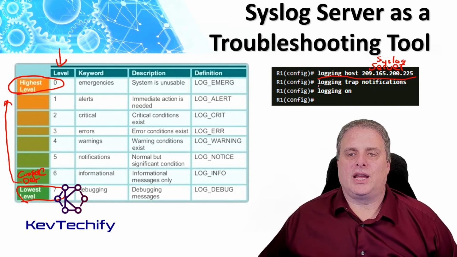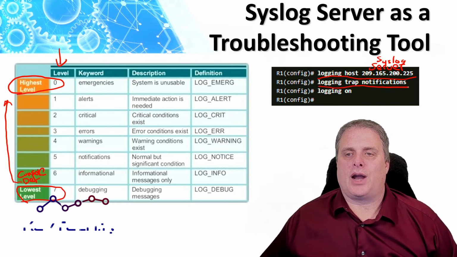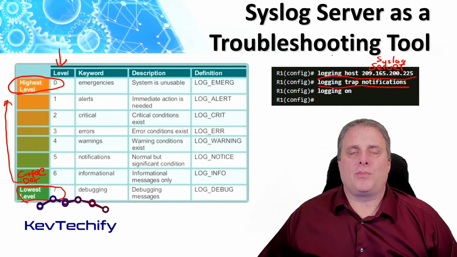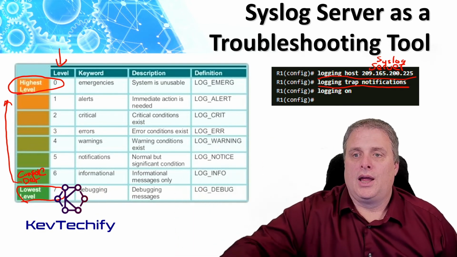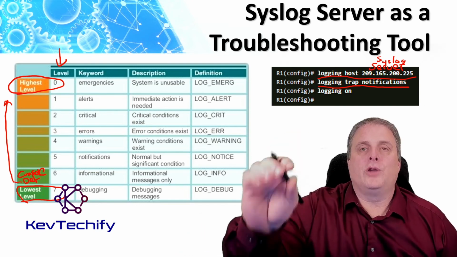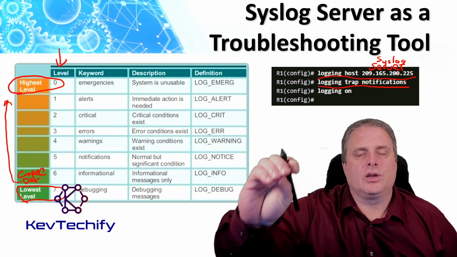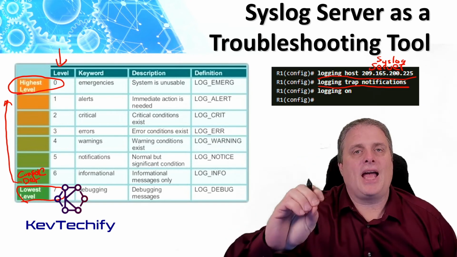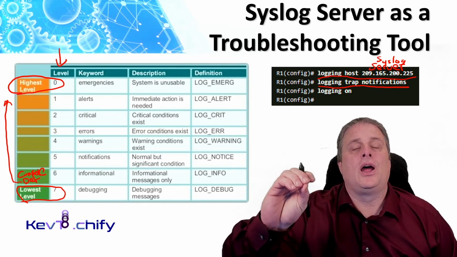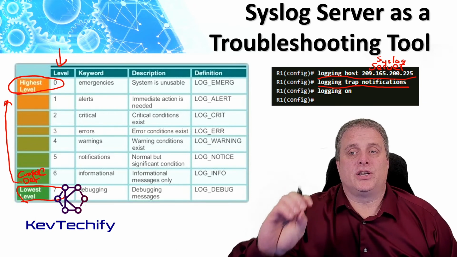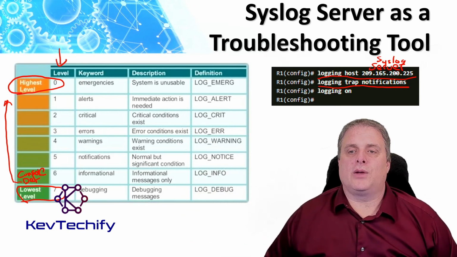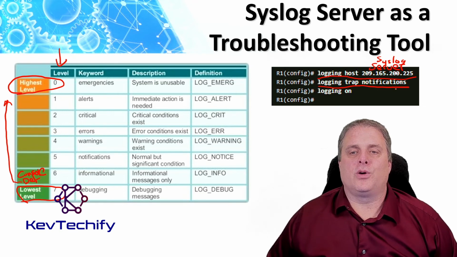Then we're going to say logging, and we're going to set up traps. Once again, a trap is set up on that remote device, not the server, but the other end. And a trap is we're going to be looking for these particular actions. When these actions occur, I'm going to send that log message to our server. And so we're going to set one up here. We're going to set up a trap here for notifications.